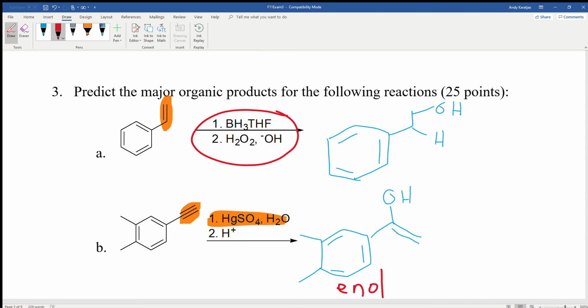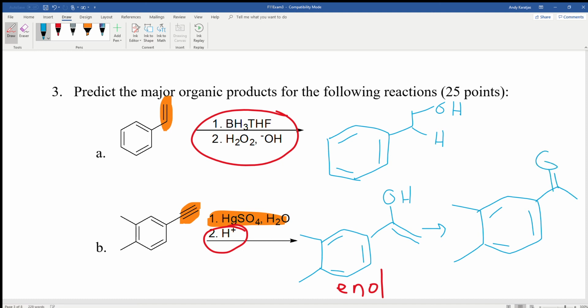And you should recall, as we've discussed in class previously, that in the presence of either acid or base, an enol will tautomerize to a more stable structure. And that more stable structure is the carbonyl. And so the final product here would be the ketone, where the OH initially went to the more substituted carbon and we got the tautomerization to the product.